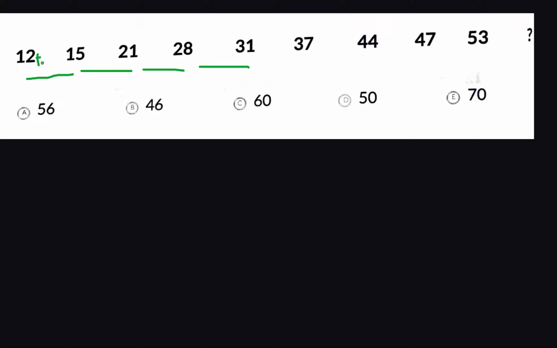What I have here is I add 3 here, I add 6 here, then I add 7 here, then I add 4 here, I add 6 here, I add 7 here, I add 3 here, I add 6 here, and then ideally I should be adding 7, right?